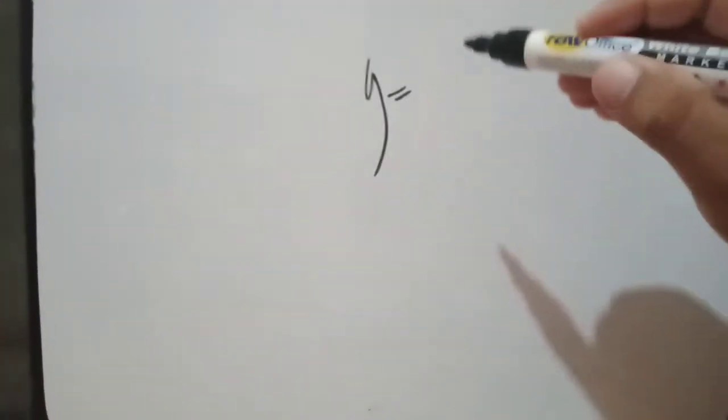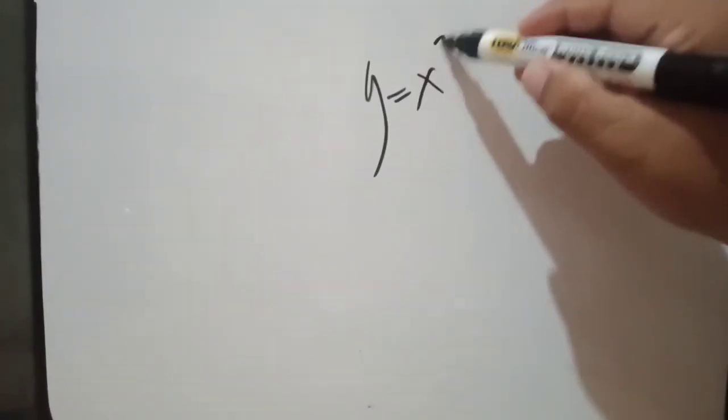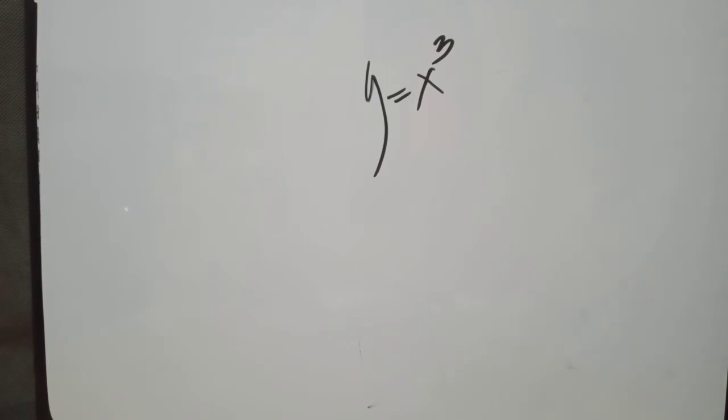What about if you encounter something like y equals x raised to the power of 3? If we are going to identify the line for that, that's very easy.